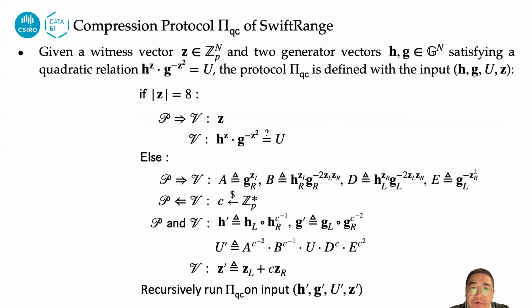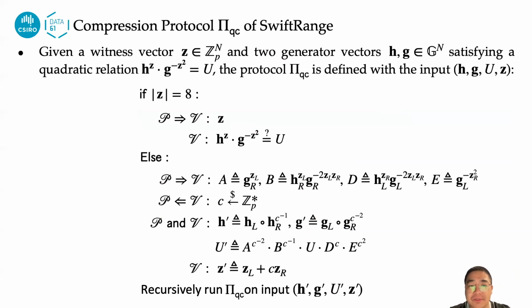Let me begin with an overview of Swift range compression technique. Given a witness vector Z and two generator vectors H and G, satisfying the relation H to the power of Z times G to the power of minus square Z is equal to a group element U. The prover recursively reduces the dimension of generators H and G and the witness vector Z until the dimension is equal to 8.